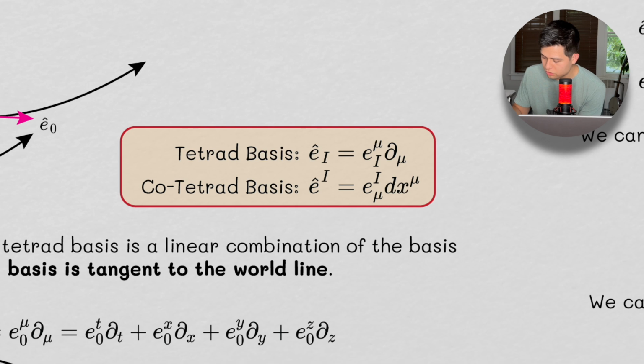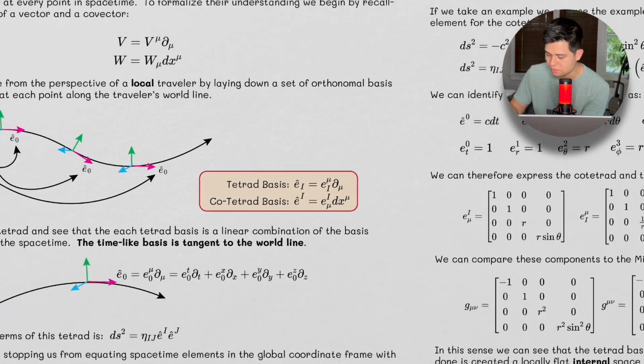We can write these similarly to how we write our covectors and our vectors, and what we get is this formalism that looks like this. At every point in space-time, we can construct a tetrad basis. This is a local inertial frame. And a co-tetrad basis is another local inertial frame, but it's co: it transforms oppositely to the tetrad basis.